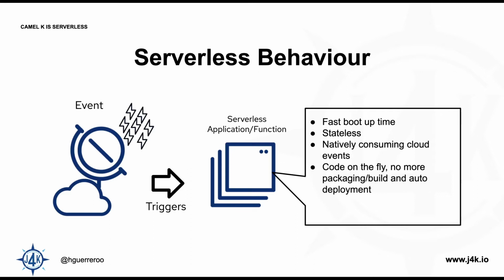It means that if you are waiting for an event to happen and you are not running, you need to be able to react very quickly and respond to those events in a very short time. We're talking about less than a second to react to those events. And there are other things, right? If we are shutting down the application, we cannot have state in memory, or we cannot depend on information that is already available, and so on.